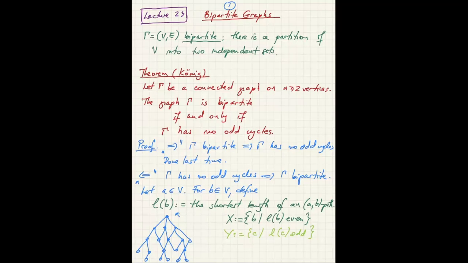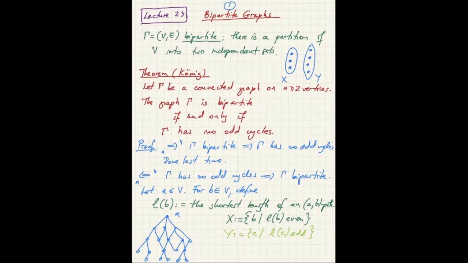As you recall from last time, we define a graph to be bipartite if there is a partition of its vertex set into two independent sets. More precisely, you can think of it in terms of this picture: you can partition the vertex set of the graph into two parts, such that there are no edges inside each part.